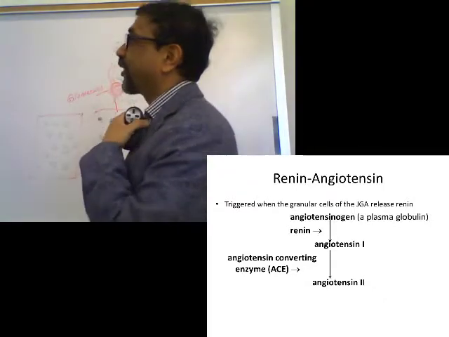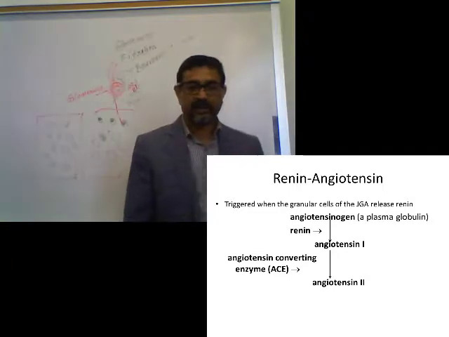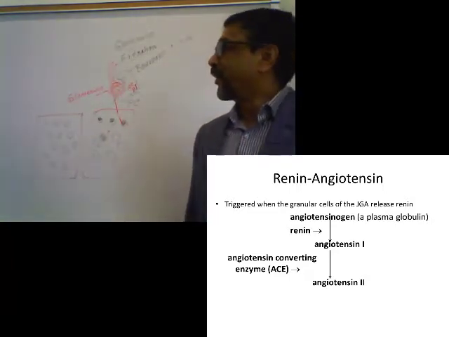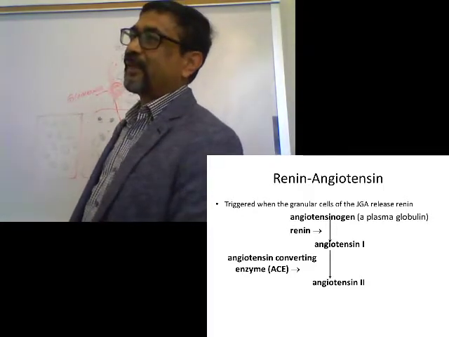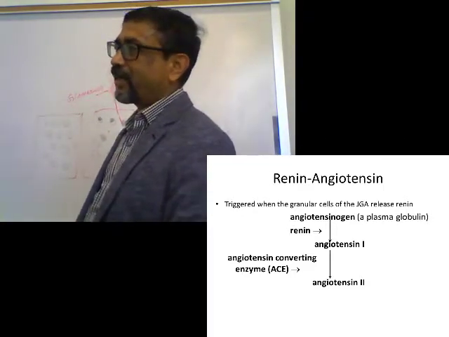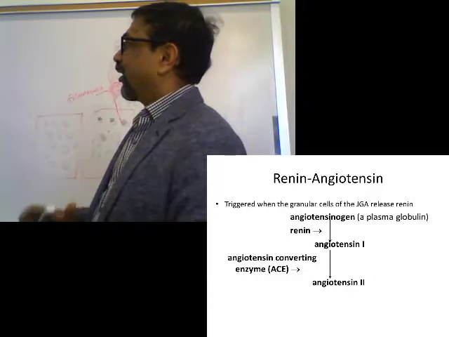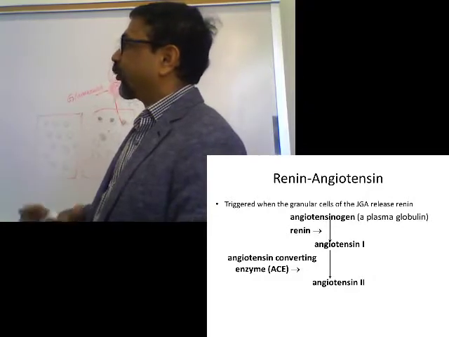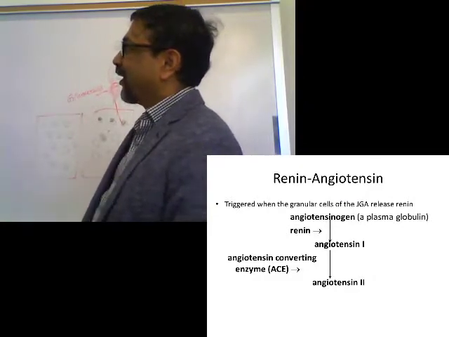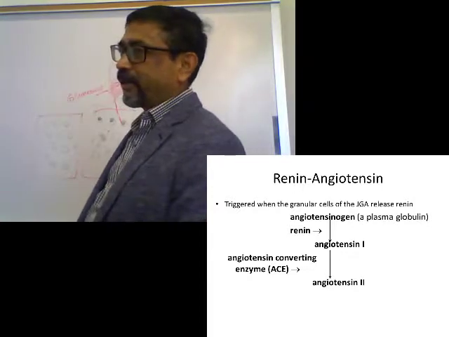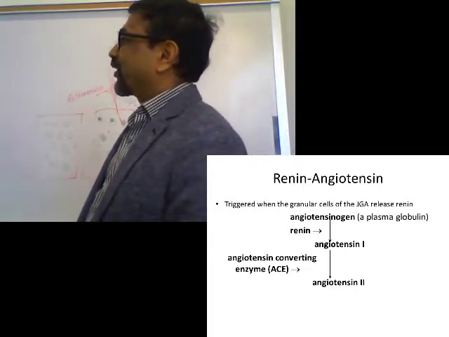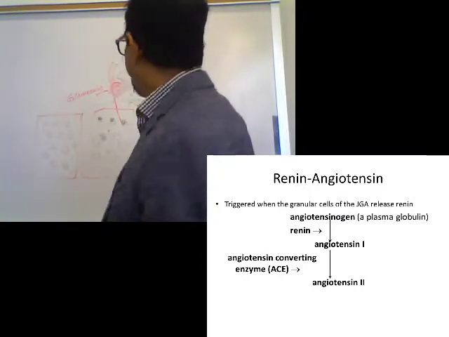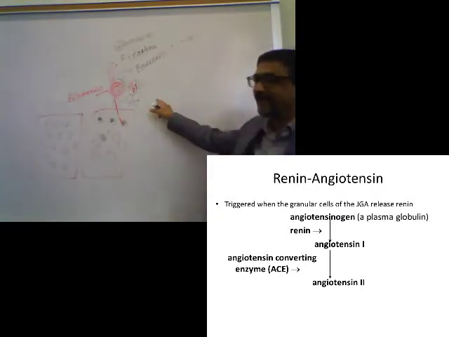Now, you see the effect of angiotensin 2. One I have already mentioned, constrict the blood vessels, generalized vasoconstriction, working on the smooth muscle in the wall of the blood vessels, and that increases the mean arterial pressure. Very simple. It stimulates the reabsorption of sodium in the nephron.